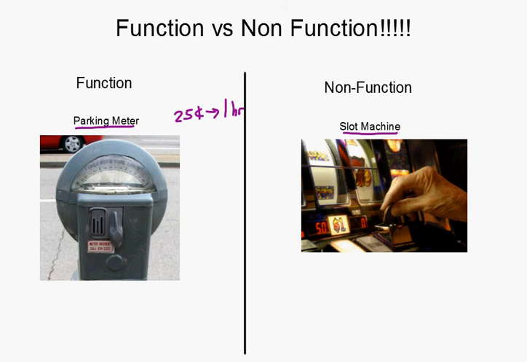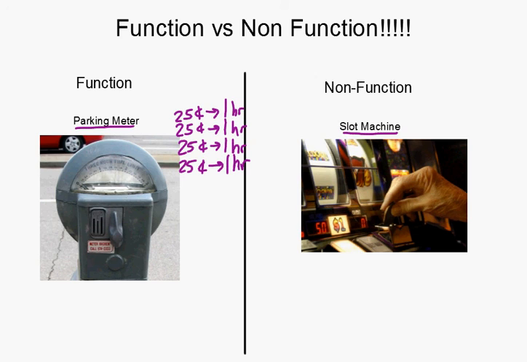If I put another 25 cents in, I get another hour. No matter how many times I put 25 cents in, I'm going to get 1 hour out of my parking meter. It's very predictable.